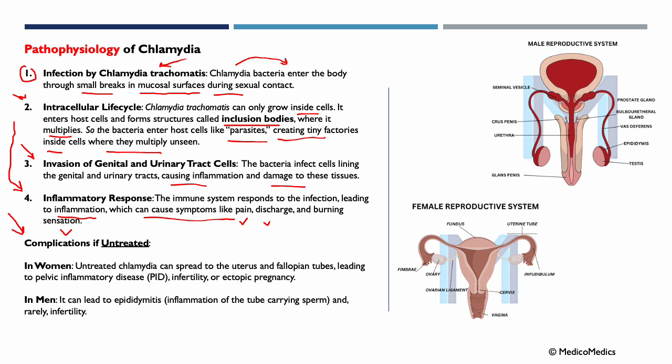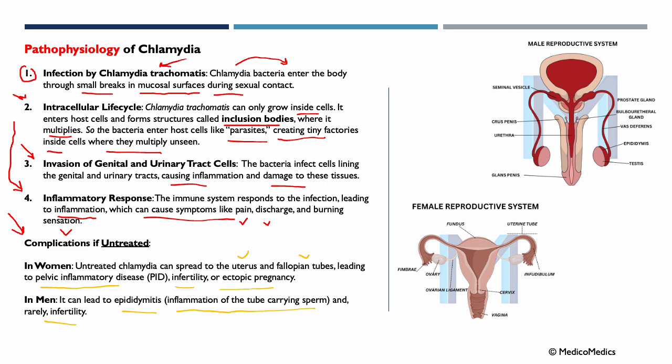For example, in women, untreated chlamydia can spread to the uterus and fallopian tubes, leading to pelvic inflammatory disease, or worse, infertility or ectopic pregnancy. In men, it can lead to epididymitis, so inflammation of the tube carrying sperm, and however rarely to infertility.